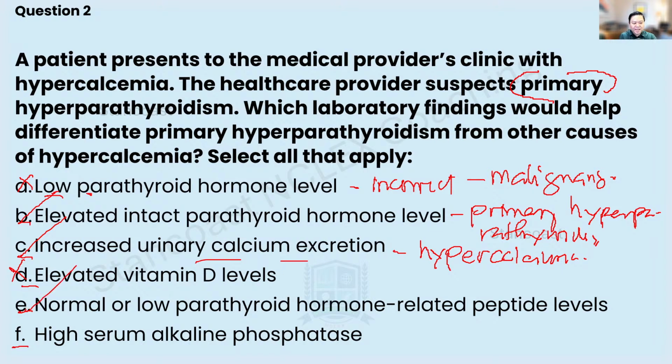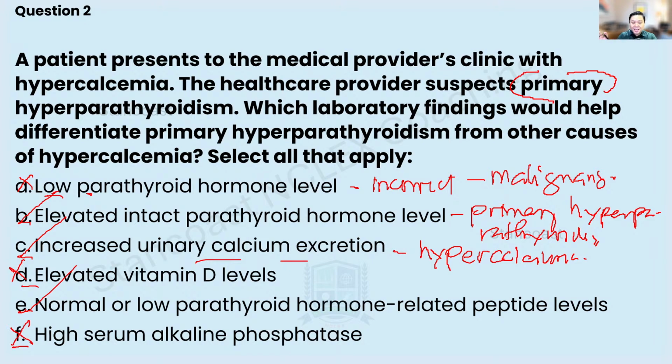What about letter F? High serum alkaline phosphatase. This is incorrect. We know that alkaline phosphatase may be seen in the bone resorption in primary hyperparathyroidism, but this is not specific enough to differentiate the different causes of hypercalcemia. It's not really consistent in differentiating the other causes.